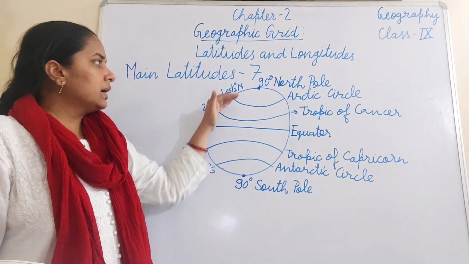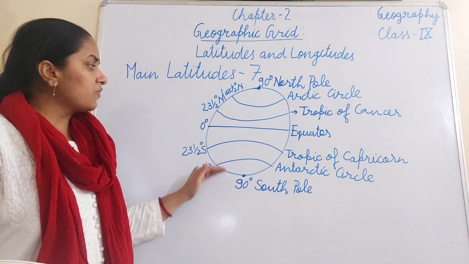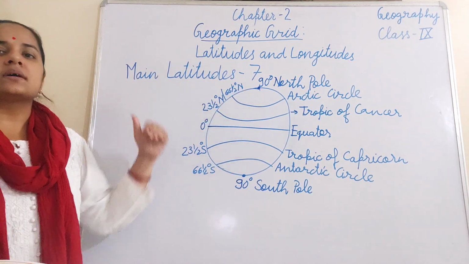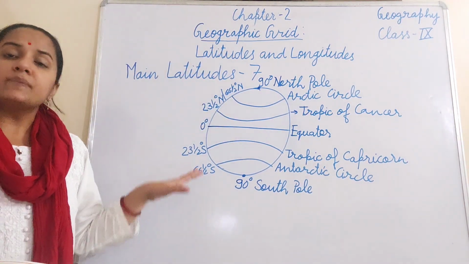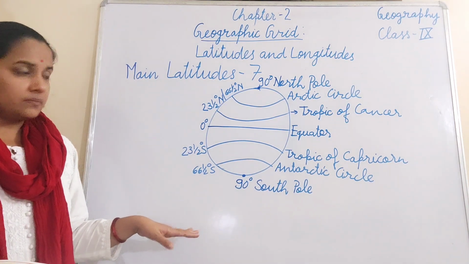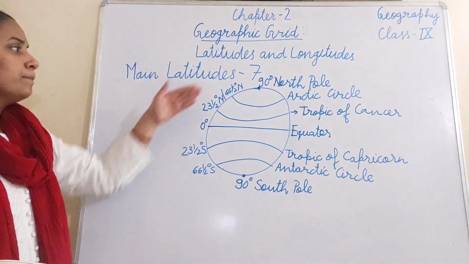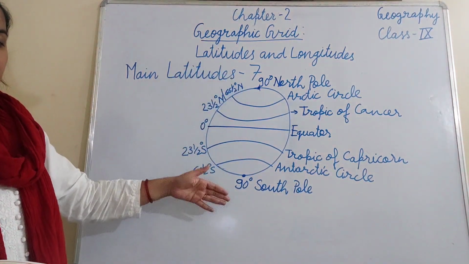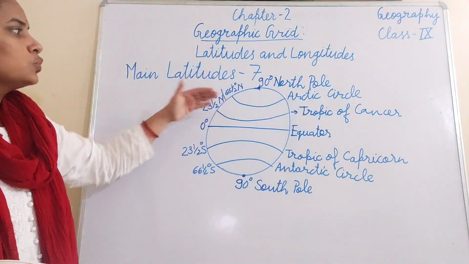These 3 are in the northern hemisphere, these 3 are in the southern hemisphere, and in between there is the equator, which divides the earth into the northern and southern hemispheres. The equator runs midway between the 2 poles and divides the earth into 2 equal halves.